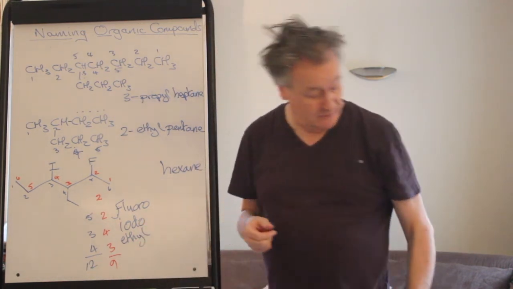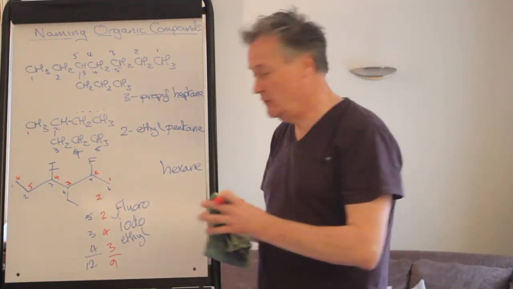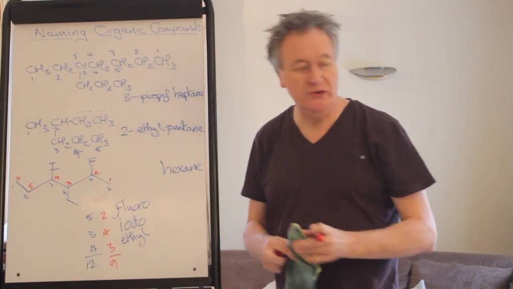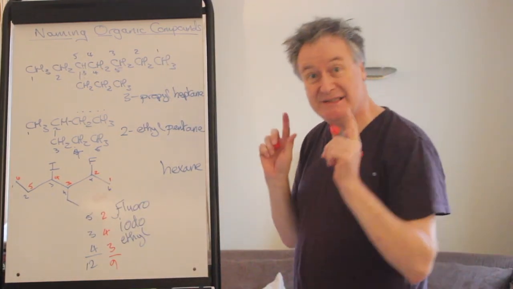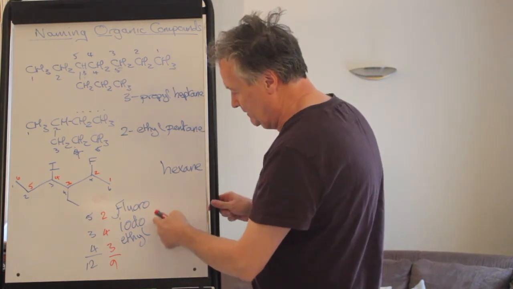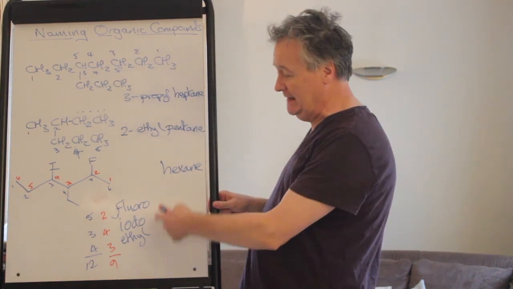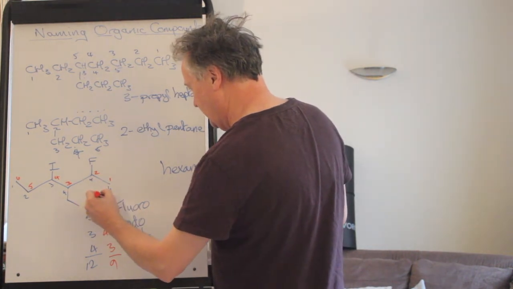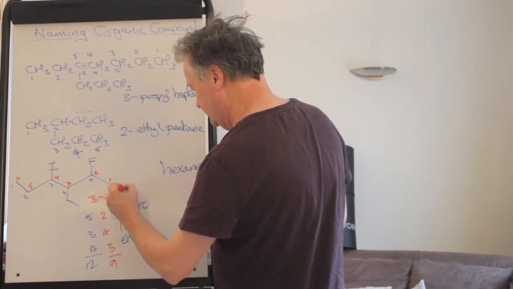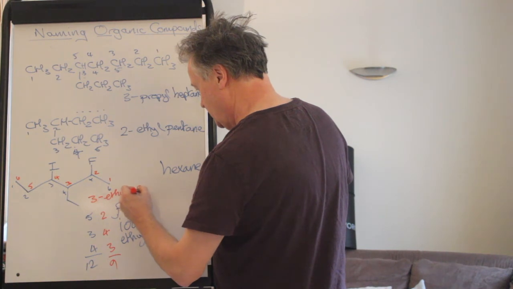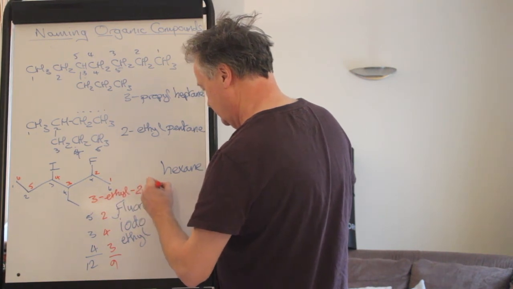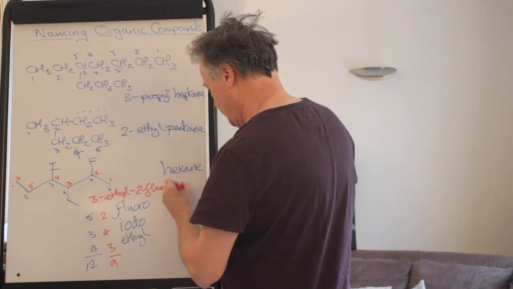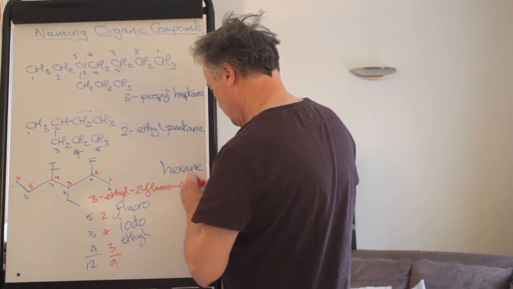Now immediately I've gone and done the wrong thing, because you have to go alphabetical. I went for the 2 because it was the lowest number. That's the wrong thing to do. Alphabetical, what's first? E, F, I in that order. So it's 3-ethyl, 2-fluoro, 4-iodohexane.